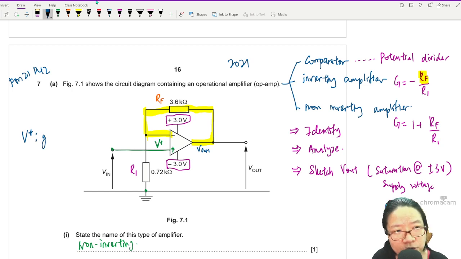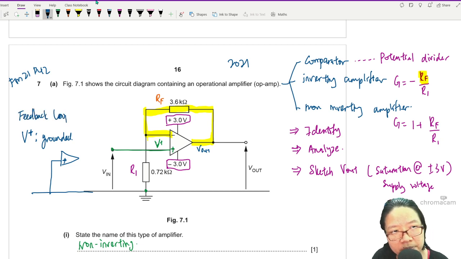If V plus is grounded, grounded here means connected to the ground, your op-amp will be like this. This is plus, connected directly to the ground. V plus grounded. And of course it goes without saying that there must be a feedback loop. So with a feedback loop and V plus grounded, something here will feed it back like this with the resistor.